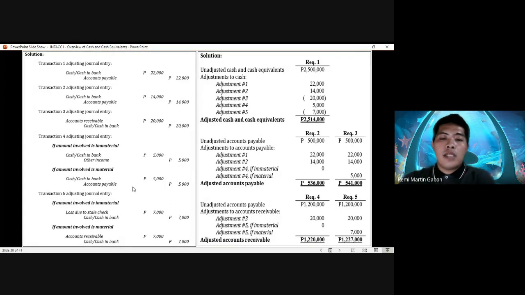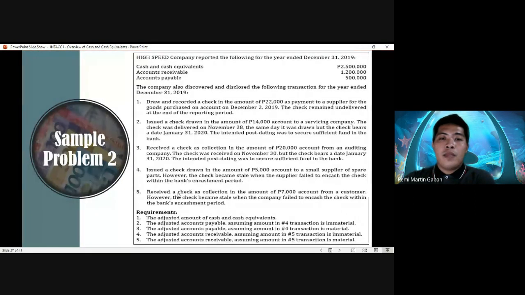Then last, we have transaction 5. Transaction 5: received a check as collection in the amount of 7,000 from a customer. So this time, we are the recipient, and we treated it as collection. The check becomes stale when the company failed to encash the check within the encashment period.